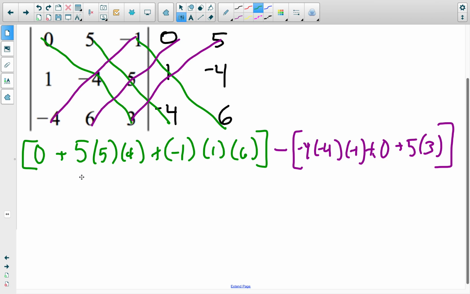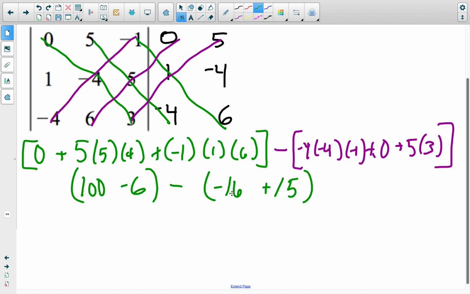All right, so this will give us 0 plus 100. Does that sound right? Yeah, 0 plus 100 minus 6, minus negative 4 times negative 4 times negative 1. We've got to be really careful with these negatives here. It'll give us negative 16, right? Because those 2 negatives make a positive, but then times negative 1 again is a negative 16, plus 0 plus 15.